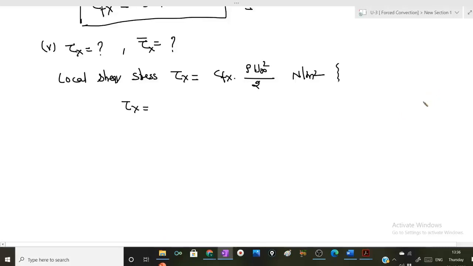I am writing one note. Remember this formula. It is not given in the data book.